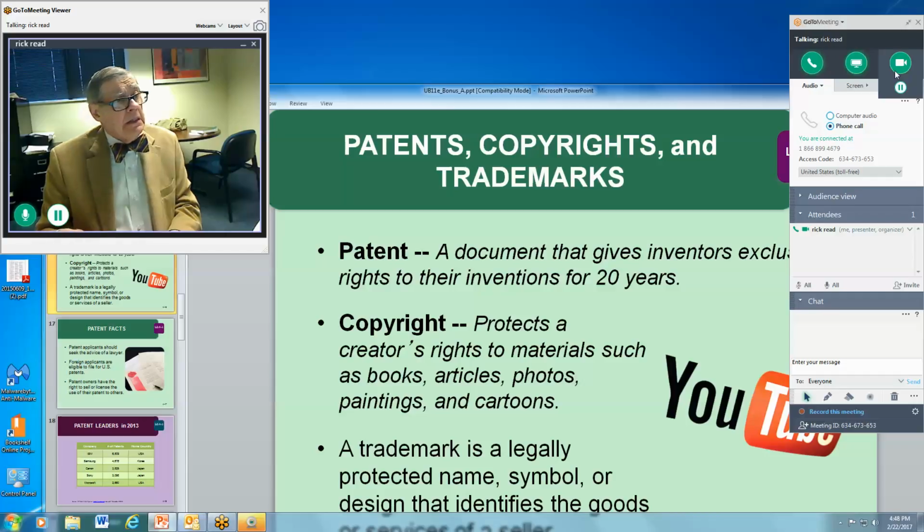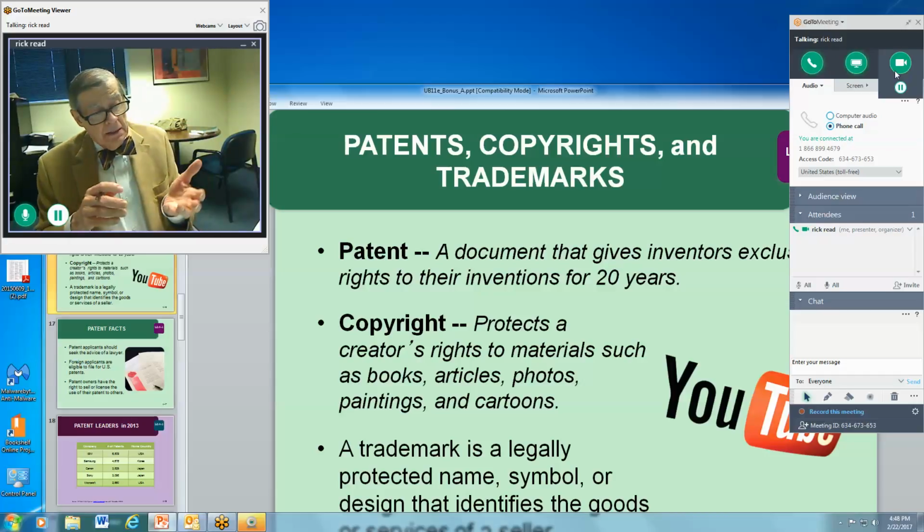Copyright protects a creator. This is known as intellectual property. Copyrights cover intellectual property like books, music, other types of publications, and things of that nature.